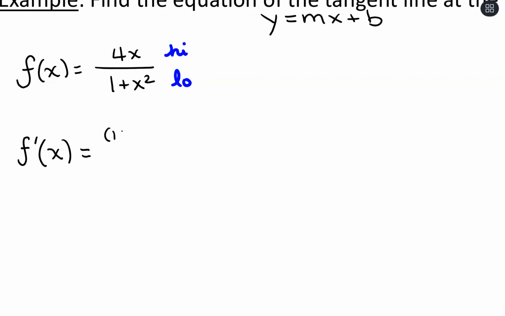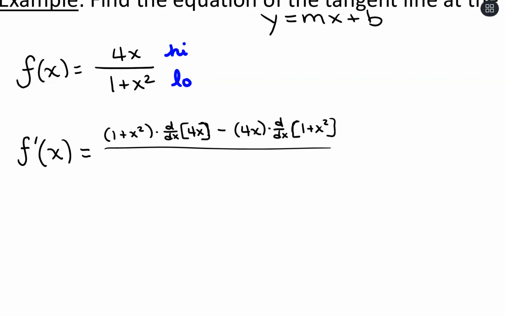So low, 1 plus x squared, d high, derivative of 4x, minus high d low of 1 plus x squared, all over low low, 1 plus x squared, all squared.